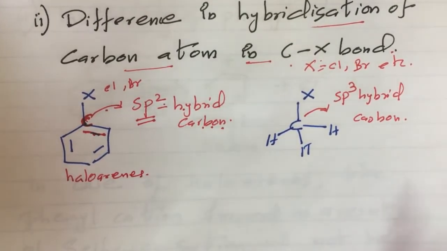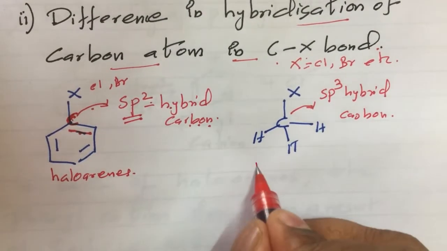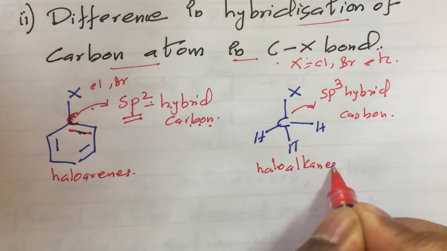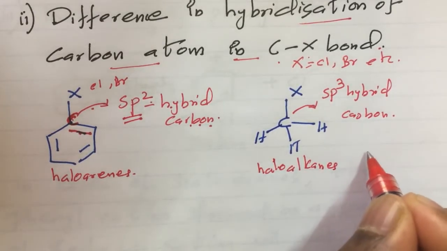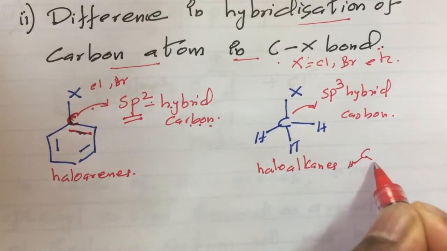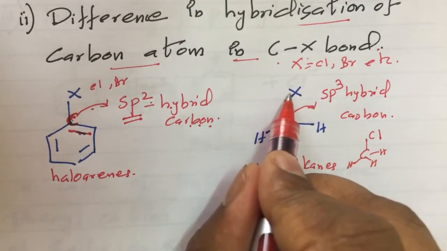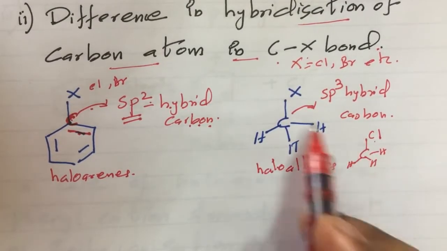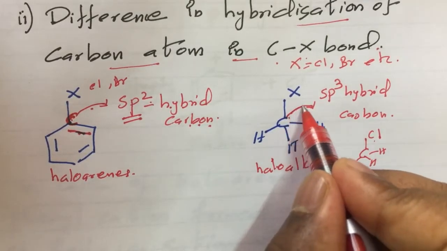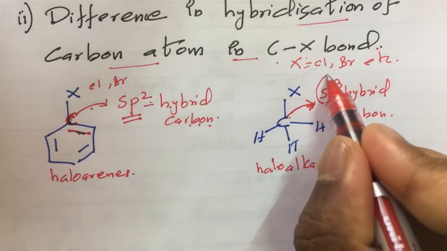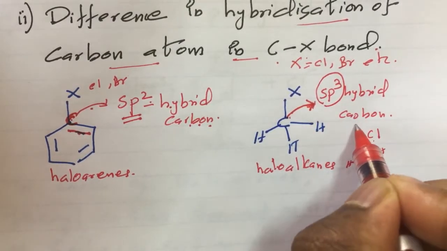But in the case of haloalkanes, an example is CH3Cl. X here is Cl. Then the hybridization of carbon attached with halogen is sp3, sp3 hybrid carbon.